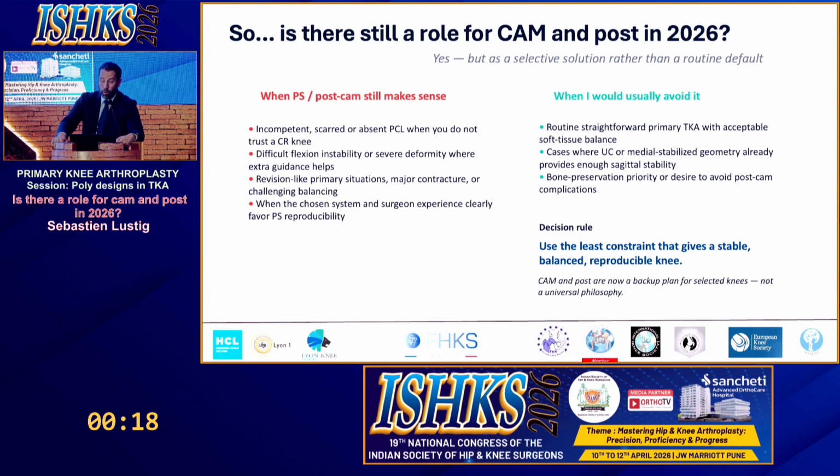So there is still a role for cam and post, as I tried to show you, when the PCL is incompetent, when flexion instability or severe deformity is there, when you are in a complex primary situation, or your experience is more in PS and you don't feel comfortable going away from that. There is nothing wrong, there are just other options.